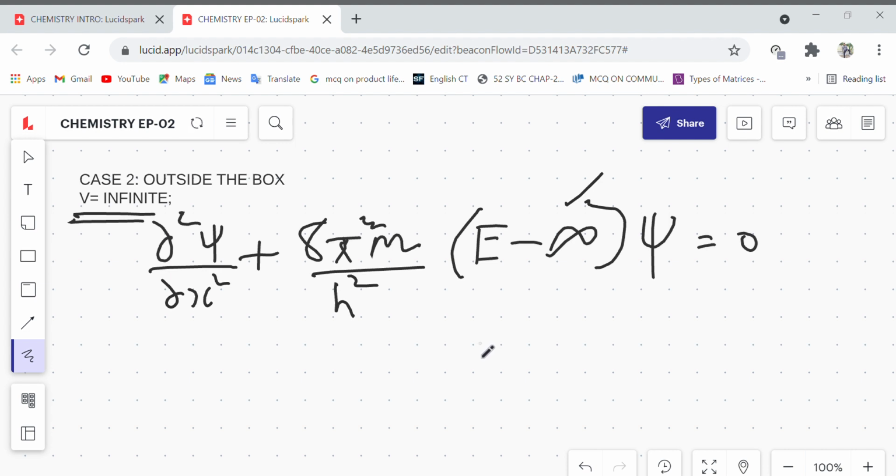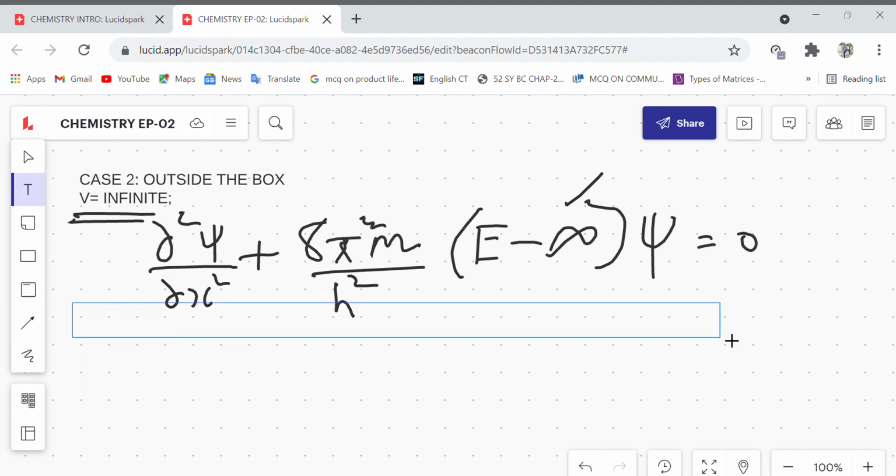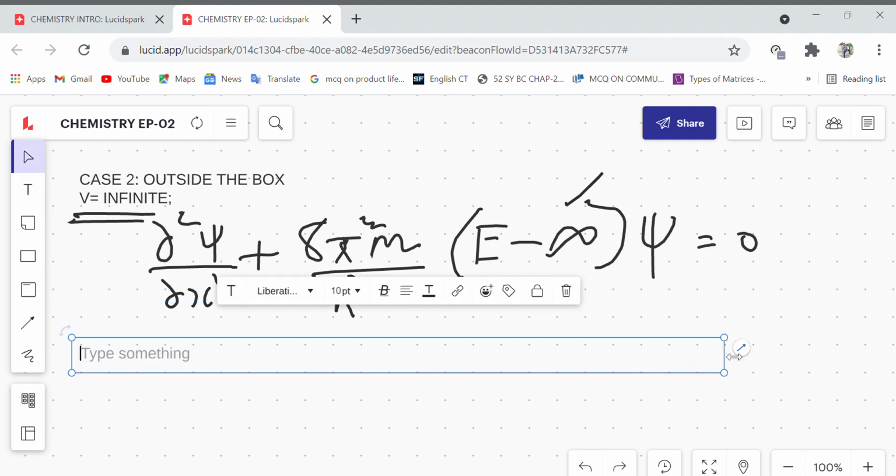So again, more cases are there. Let me write it one by one. Let me tell you that the probability of finding the particle outside the box is 0.